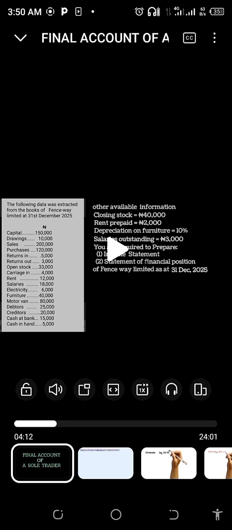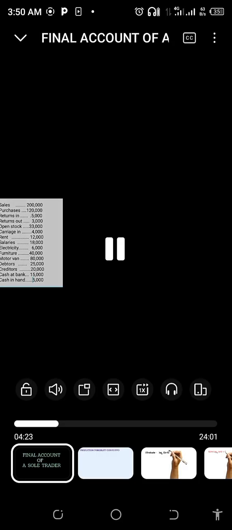So by knowing the formula of calculating the gross profit, that is net sales minus cost of goods sold, these are the ingredients that will go into the trading account. So in this question, the following ingredients will go into the trading account.